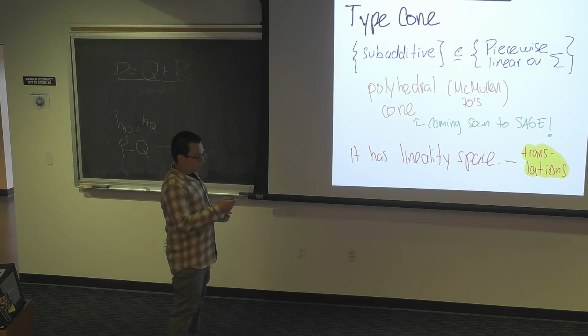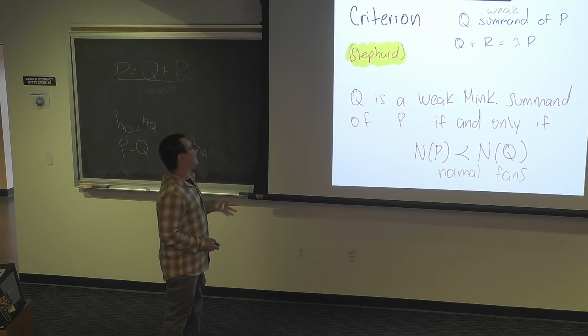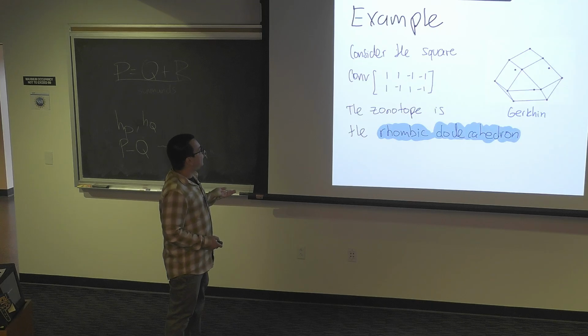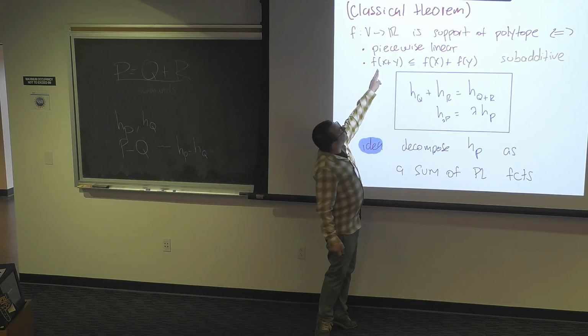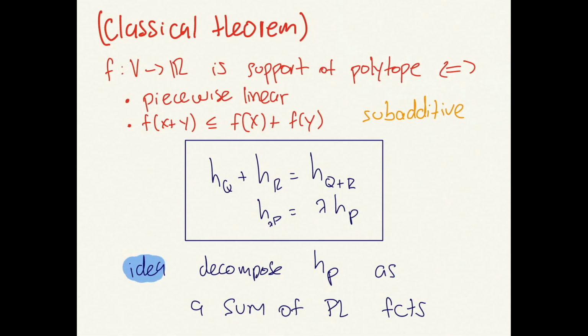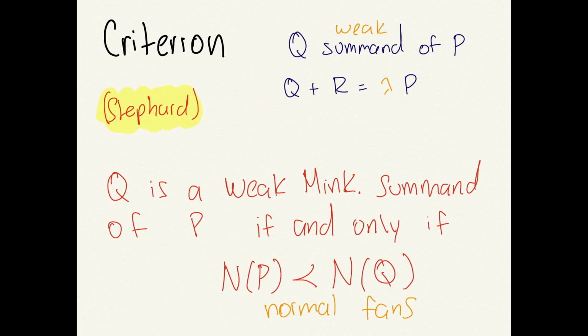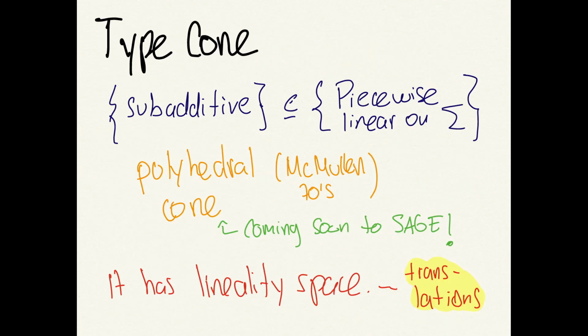It's not clear, maybe it's clear that it's a cone, or that it's something polyhedral, because the conditions on being subadditive look like inequalities, but the way I wrote them, it looked like infinitely many inequalities. But you can prove that this thing is a polyhedral cone. This follows from the work of many people, but let's say McMullen's in the 70s.